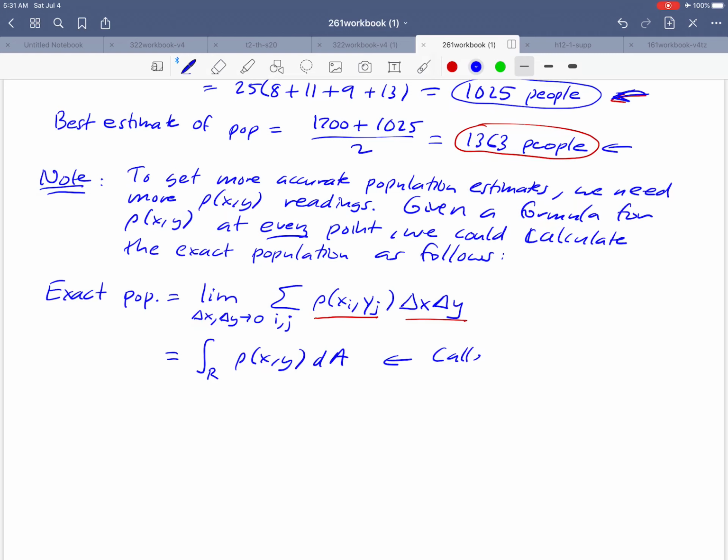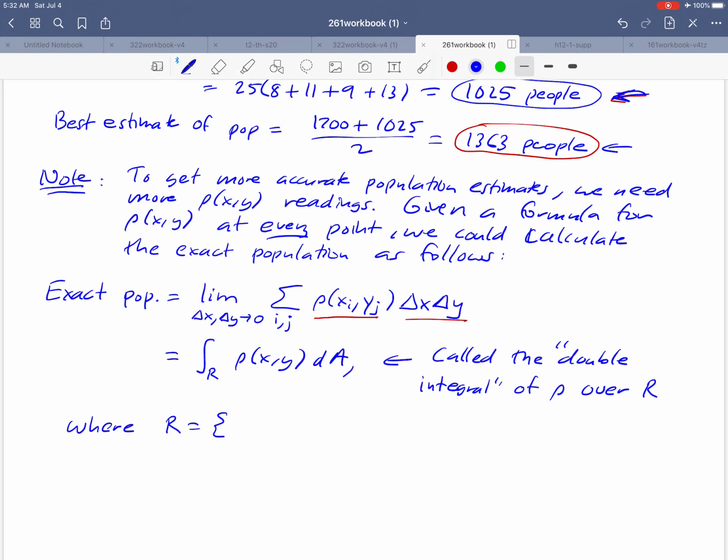Okay, and this is called the double integral of rho over the rectangle R. Okay, we'll go ahead and make a comment what that R is that we're talking about.